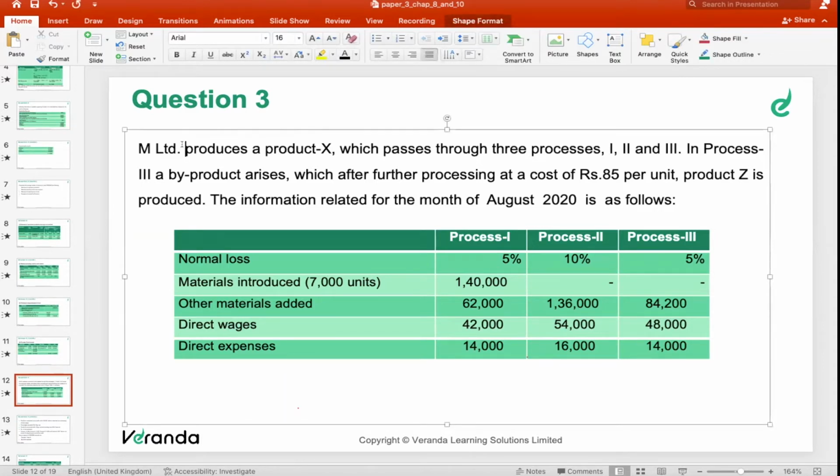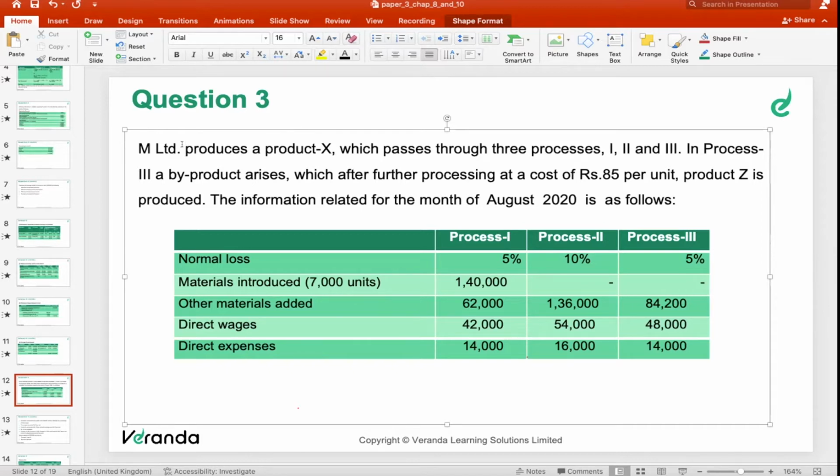In process 3, a byproduct arises, which after further processing at a cost of rupees 85 per unit, product Z is produced. The information related to the month of August 2020 is as follows. Normal loss for process 1 is 5%, process 2 10%, process 3 is 5%. Material introduced 7,000 units, process 1 is 1,40,000.